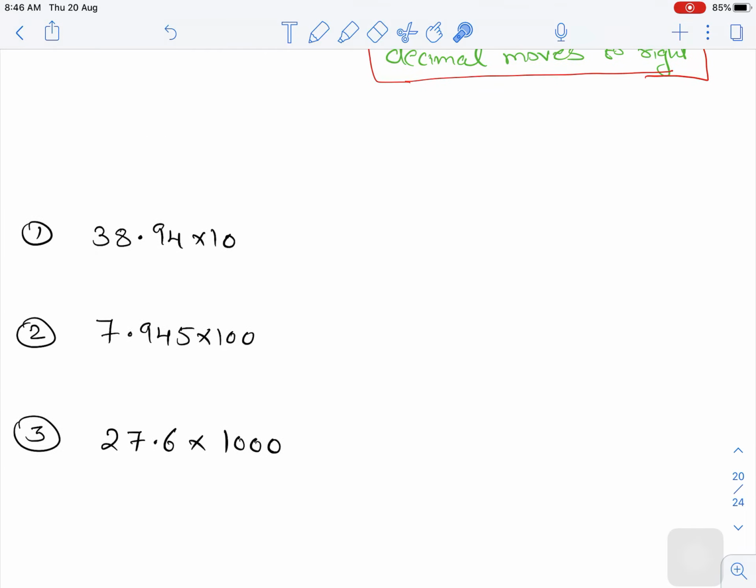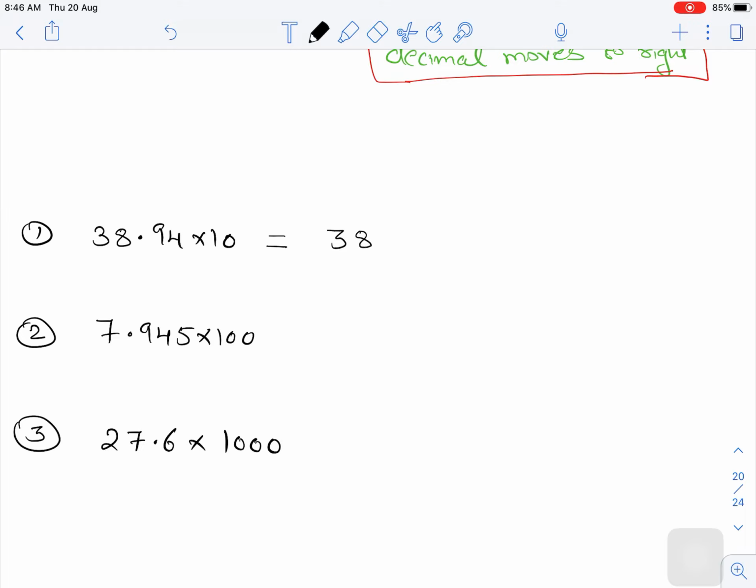For example, now here it is given that multiply 38.94 by 10. So here how many zeros are there? 10. Now make it clear that if a number is multiplying, the decimal will move to the right. How many zeros are there? 1, so it will move one digit to the right. So what will be our answer?